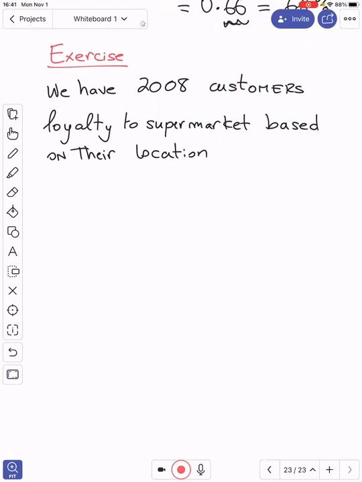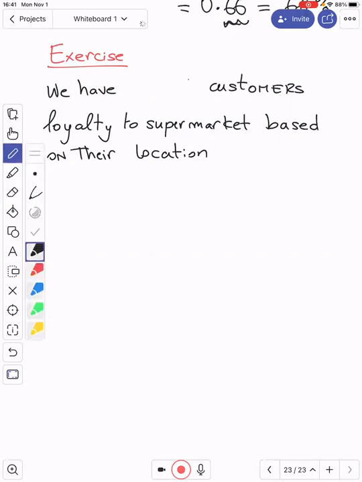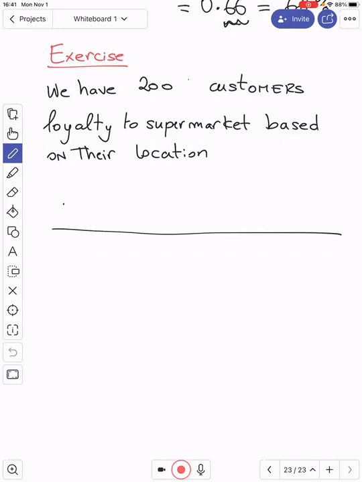You know what? Let's take a smaller number of customers. Instead of 2008, I'm just going to take 200 customers. So we have the following table.